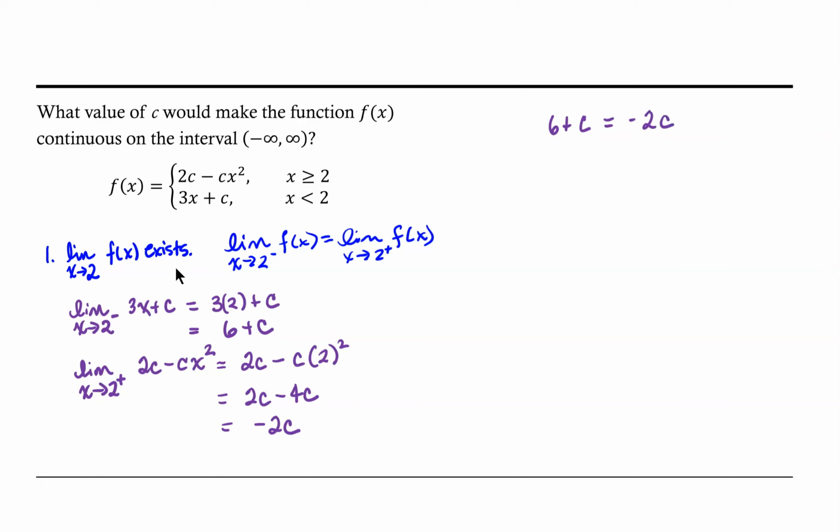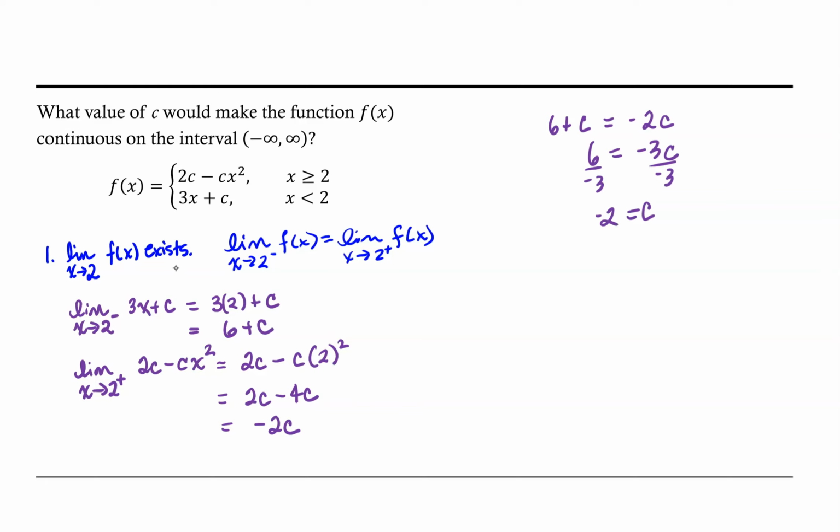And now I have a rather simple algebra equation to solve. I'll subtract c from both sides of the equation, so I get 6 equals negative 3c. And then I will go ahead and divide by negative 3, giving me that c should equal negative 2.